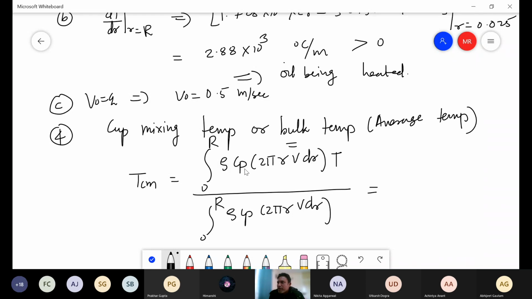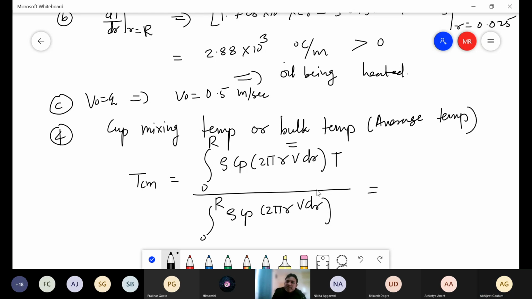Mass flow rate into Cp is the enthalpy you can carry, multiplied by temperature. So this is nothing but total energy. Total energy averaged over 0 to R and divided by the average mass flow rate, so basically you are getting the cup mixing temperature T directly here. Is it clear in a way? Yes, sir. Okay.